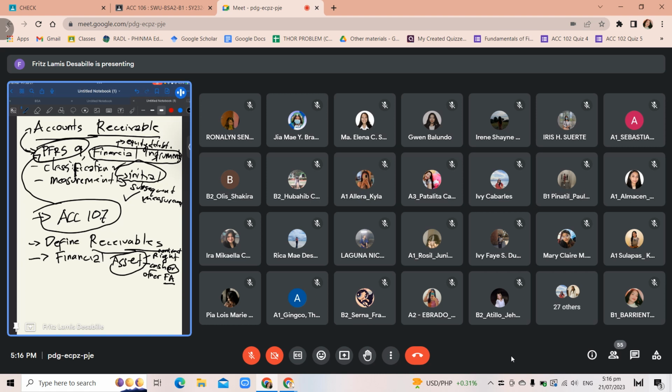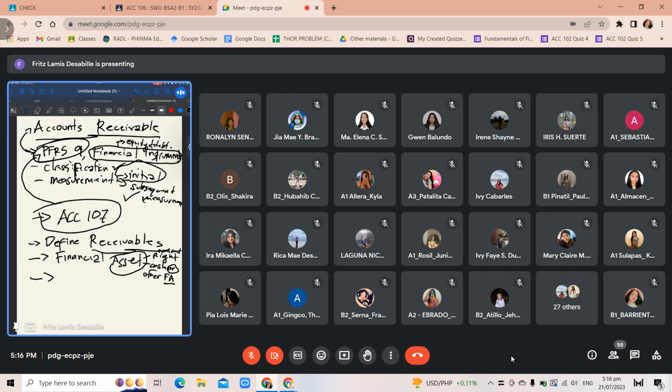Now, accounts receivable, in general, can be classified. Actually, there are many classifications, but we have two kinds of classification. It can be divided into two.